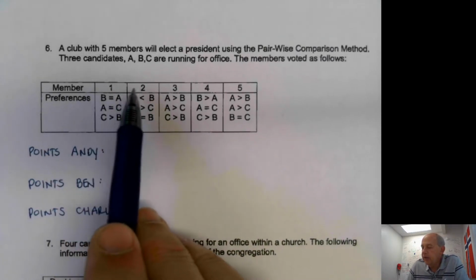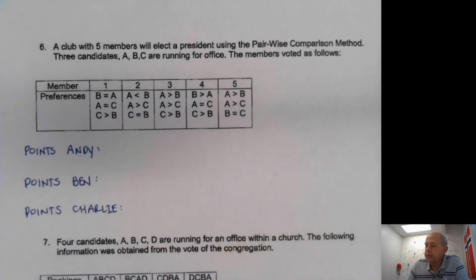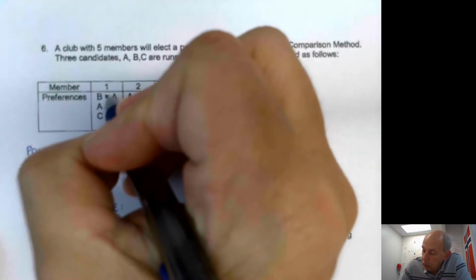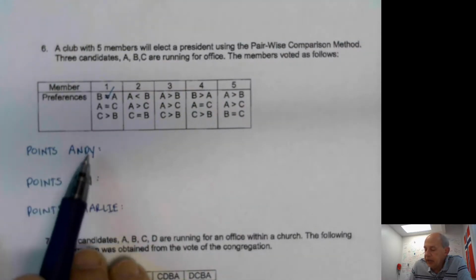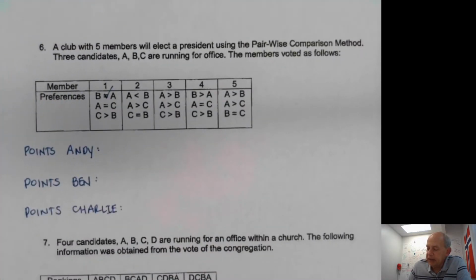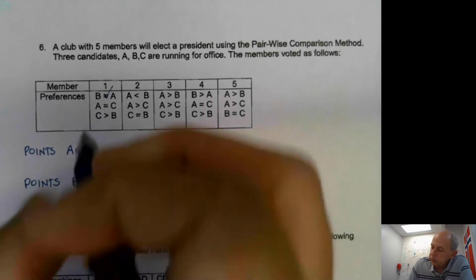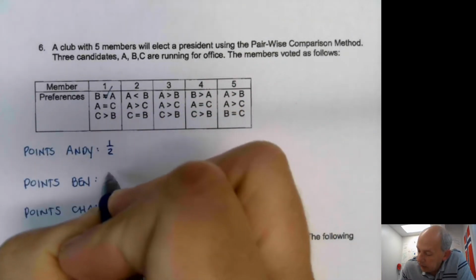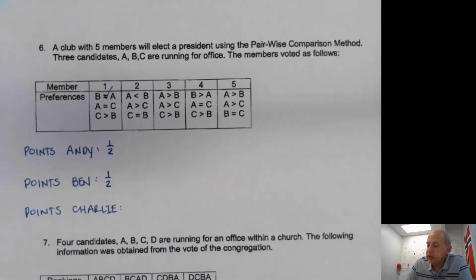We have 5 voting members voting, and each voter compares each candidate with the other. This voter number 1, they say, well, Ben and Andy are about the same to me. They're equal. I am going to give Andy and Ben each a half a point. There is 1 point per comparison.